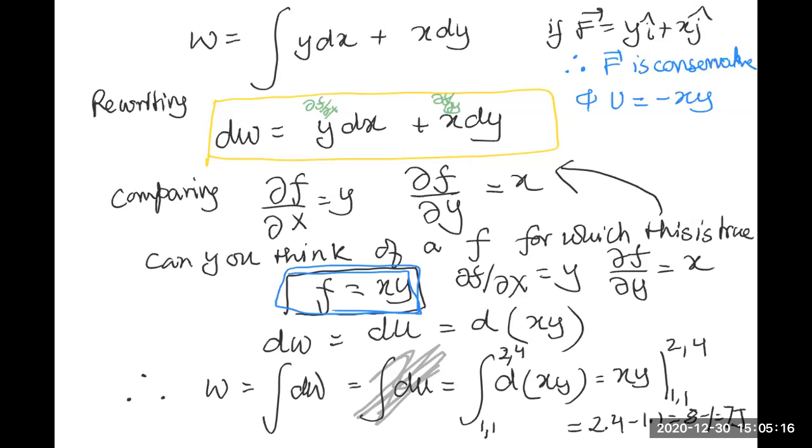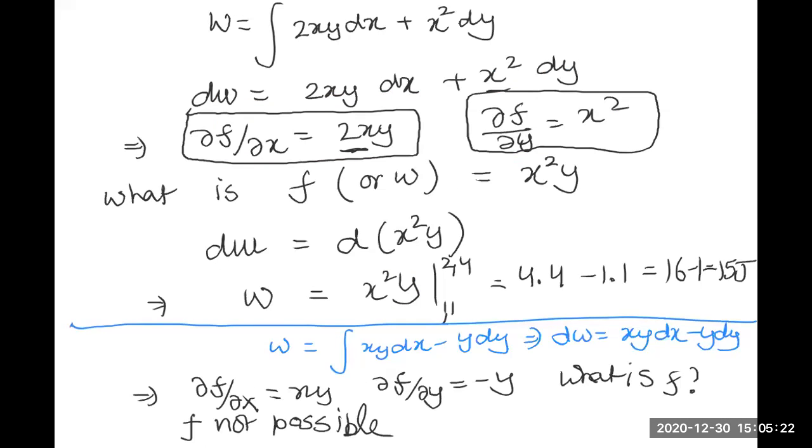Please take a screenshot. Therefore F is equal to 2xy i cap plus x square j cap is conservative and potential energy is equal to minus x square y. Okay.